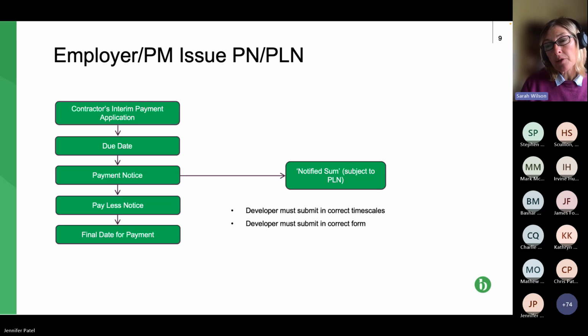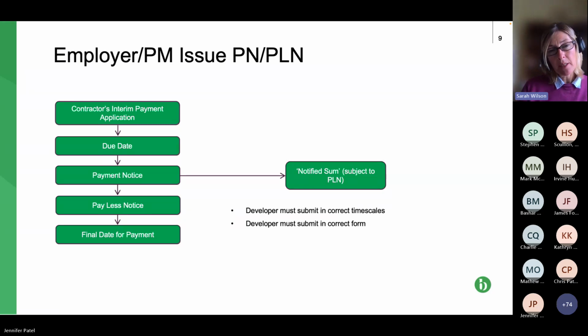If it's non-compliant, the default position is that you revert to the Scheme for Construction Contracts, which, helpfully for the party wanting to be paid, has quite short timescales, so it is more likely to result in a smash and grab scenario. For example, a project manager relies on a contract that extends the timescales for payment, but it's non-compliant with the Act of Parliament. Therefore, the Scheme applies, and quite often you'll find that the project manager, the contract administrator, hasn't stuck to those Scheme deadlines.